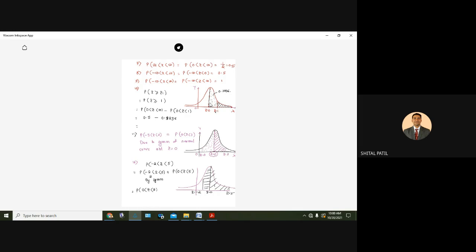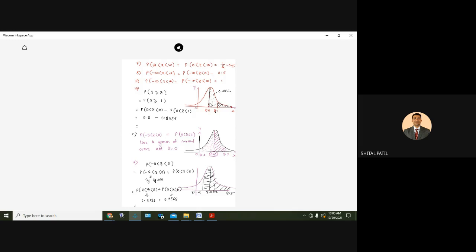Whether I take this part or this part, for example z equal to 2 here, both areas are the same. Plus the probability from z equal to 0 to z equal to 5. This will be given in the example, say 0.2398 and say 0.3568, for example I am saying, and then we'll get the required area.